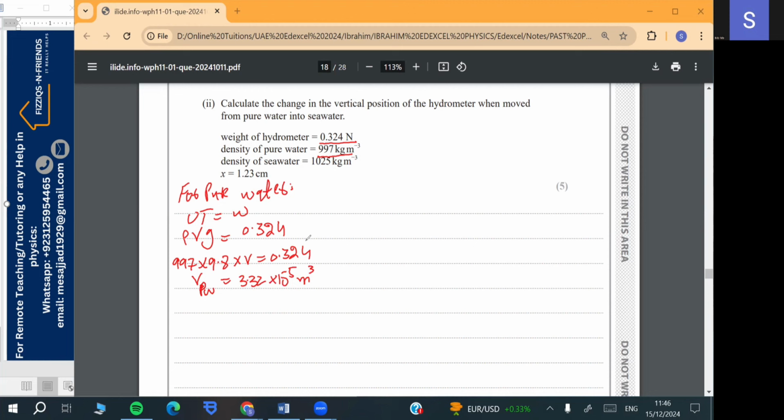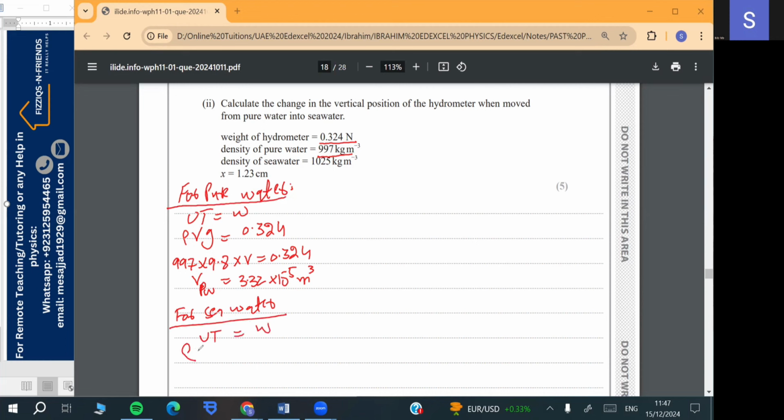Now the same thing we are going to do for seawater, because this is very necessary to calculate the volume, and when we have the volume, we will find that height using the volume formula for the cylinder. I'll show you in a while, please wait. This is for pure water, and this is now for seawater. Again, upthrust equals weight.